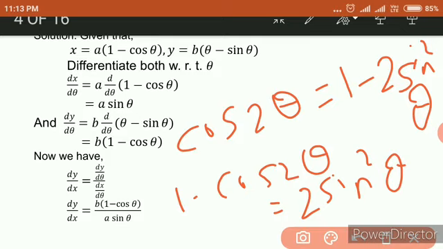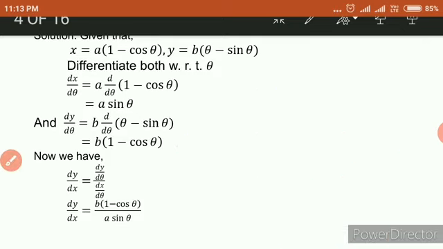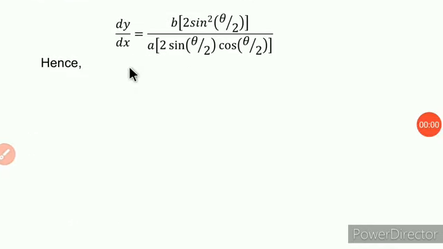And in the denominator, for the value of sin theta, we use the formula for sin 2 theta. Using these formulas, we get dy by dx is equal to b multiplied by 2 sin square theta by 2 divided by a multiplied by 2 times sin theta by 2 multiplied by cos theta by 2.